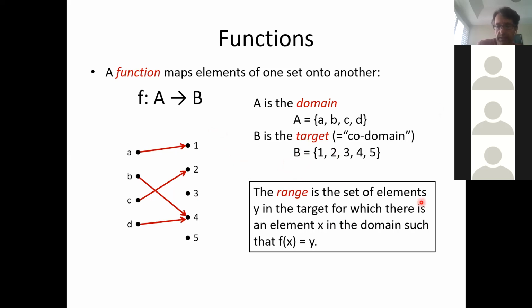I can write it like this: vector f of A. This is the range of function f on domain A, and it's a subset of the codomain. So in this case, the range of function f is a set made of 1, 2, and 4. But 3 and 5 are in the codomain, but they are not in the range of f.